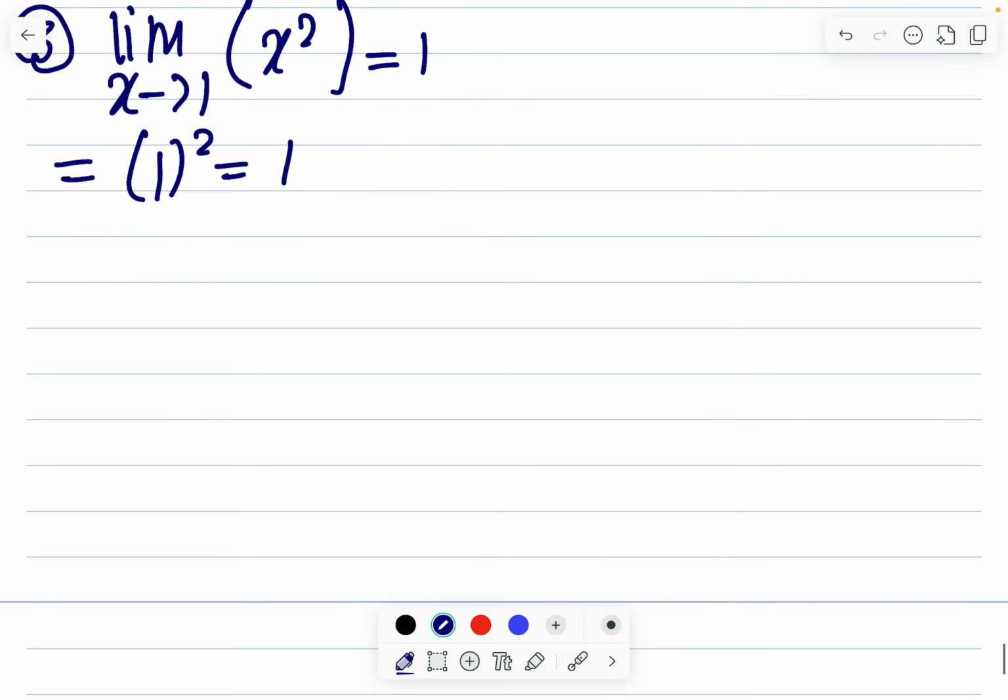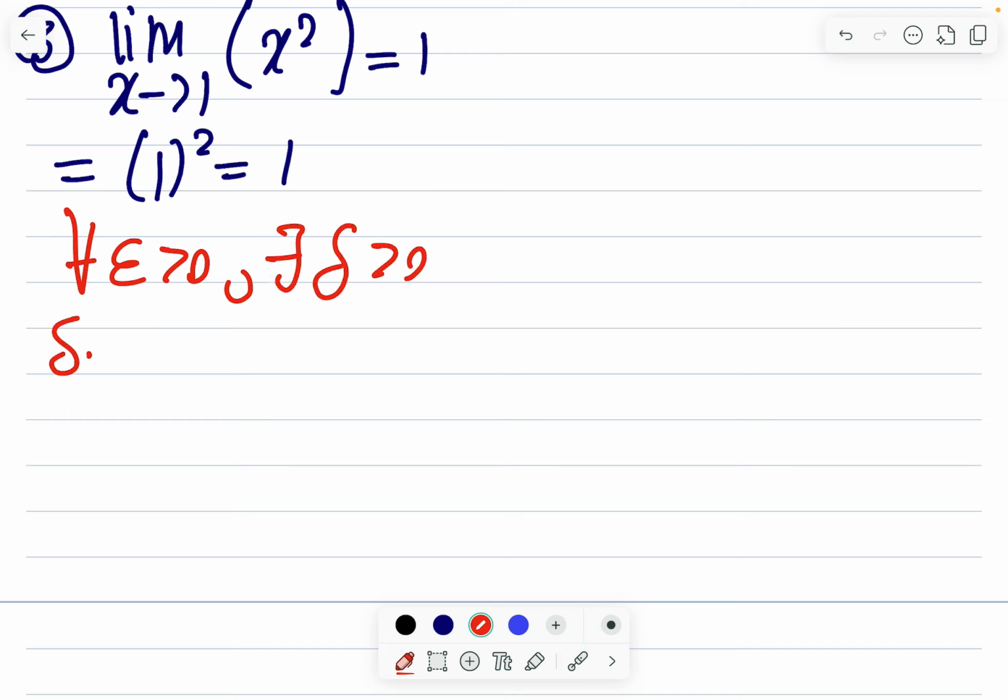Therefore, you are going to apply the definition. For all delta greater than 0, there exists epsilon greater than 0, such that |x − a| is less than epsilon but greater than 0.